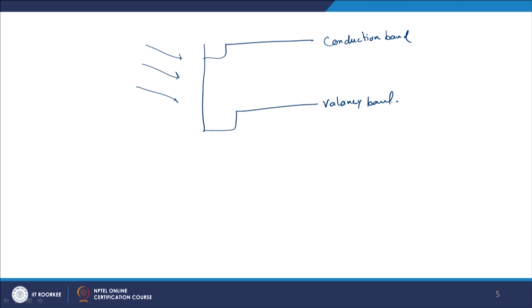In the valence band, the electrons are at the lowest energy level. Here in the conduction band the electrons are at a high energy level.